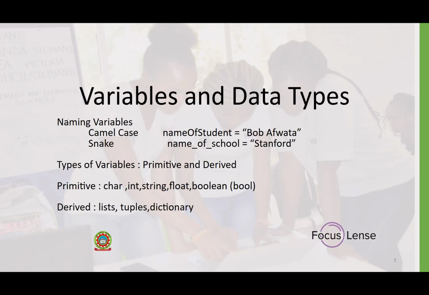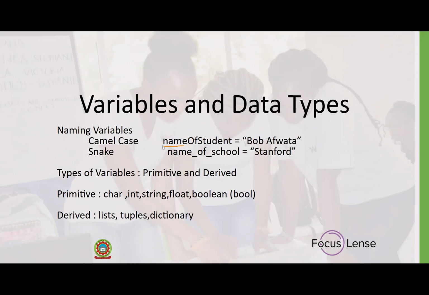For some people who missed this, you can name your variables in two ways. One is what is called camel case, like nameOfStudent. This is the variable name. The variable is called name of. You can see that one starts with a lowercase n.